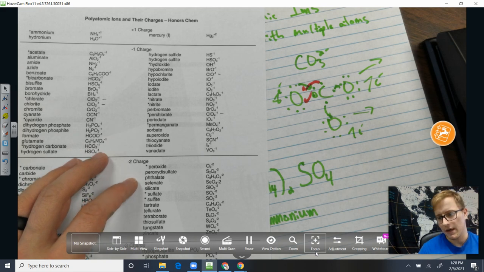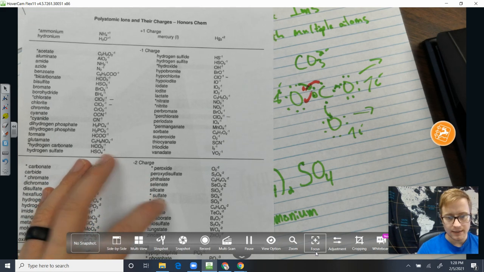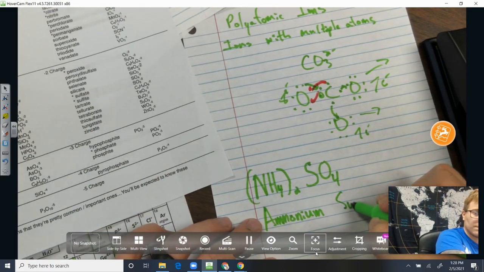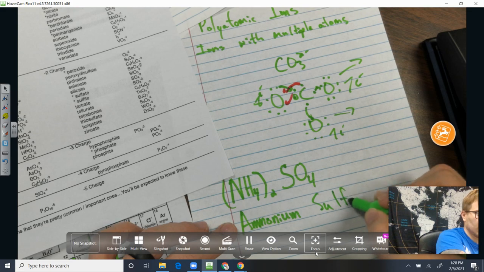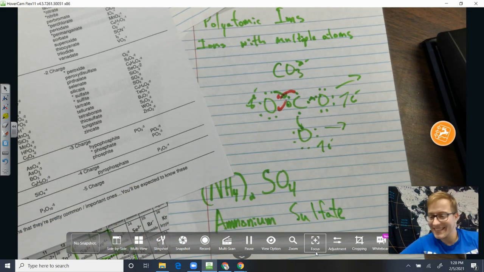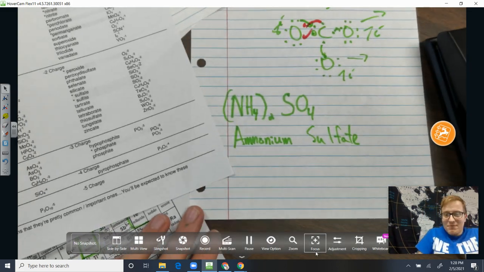Mr. Curlin, I've given up. And I'm like, right there, sulfate is SO4. And that's it. We're going from formulas to names. Super duper easy. Ammonium sulfate.